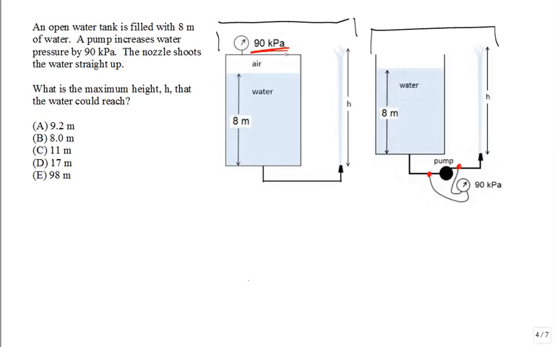If it's 90 kilopascal pressure increase caused by the pump, what will be that maximum height? We did calculate it to be around 17 meters before. What do you think it's going to be for the new case? 17 meters.